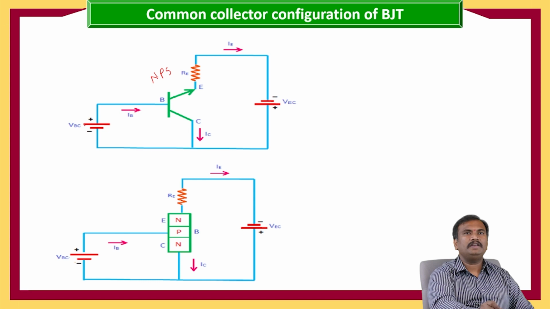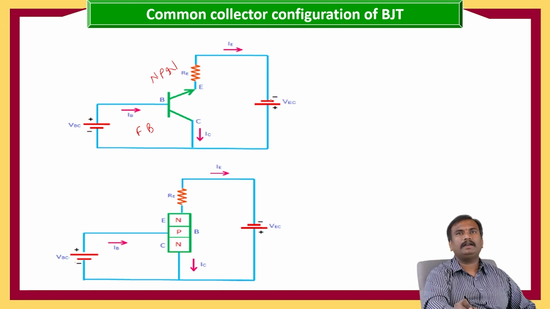That's why VBC is connected with a positive voltage, because the base is a P layer. The base to collector junction is a PN junction, so with a positive voltage it will be forward biased. The emitter is connected to the negative and is of N type, so it acts as a reverse biased junction.